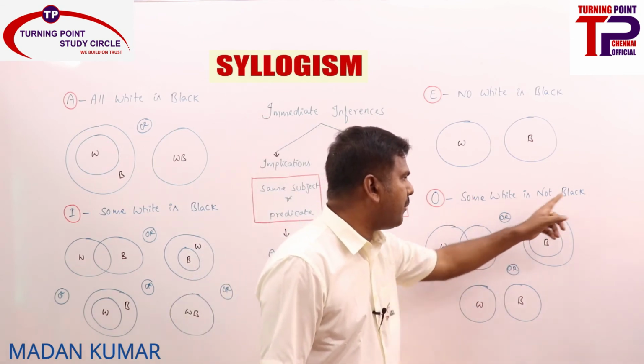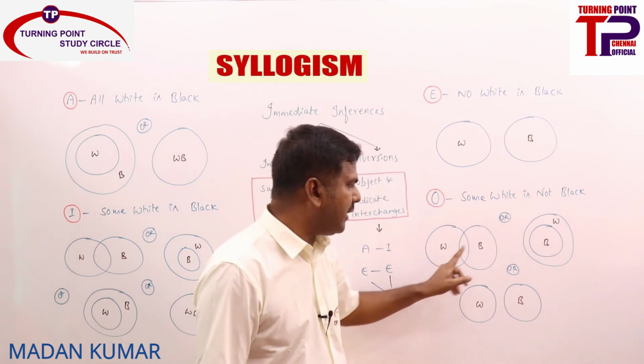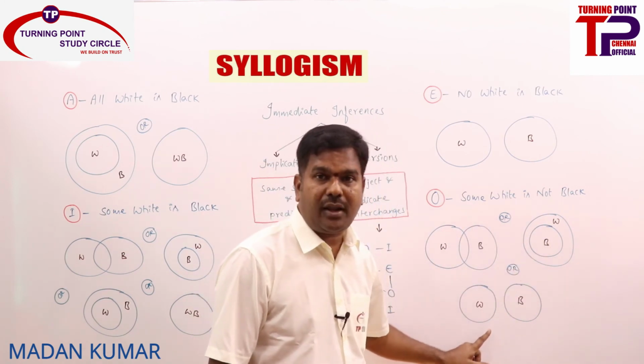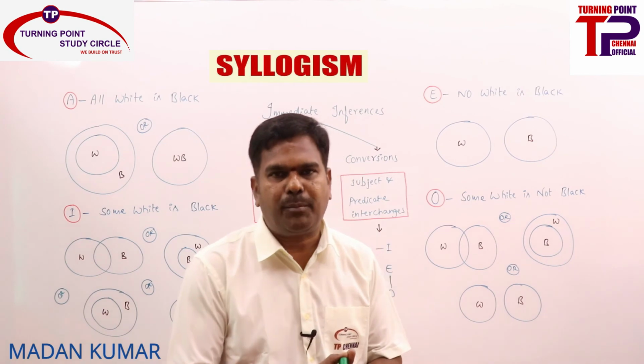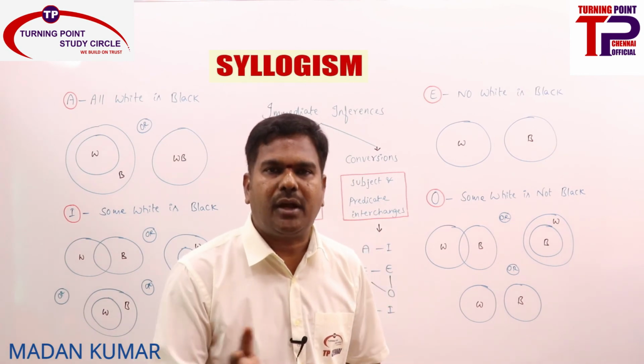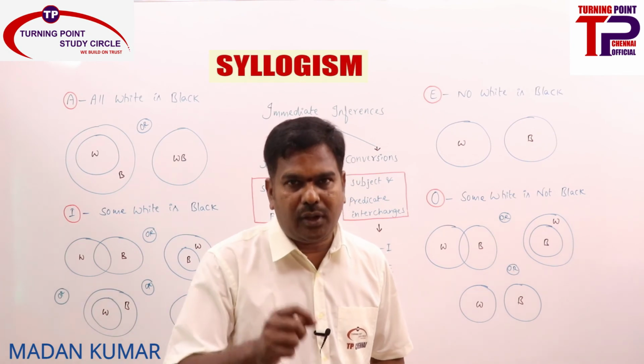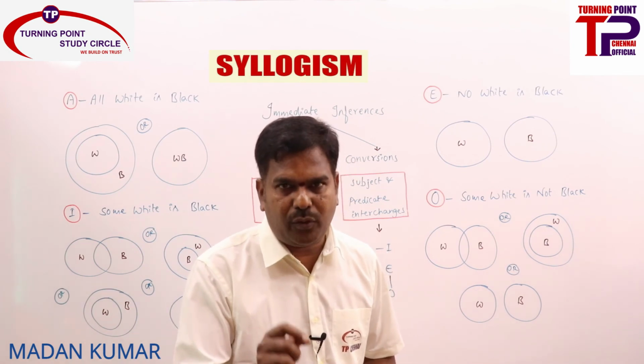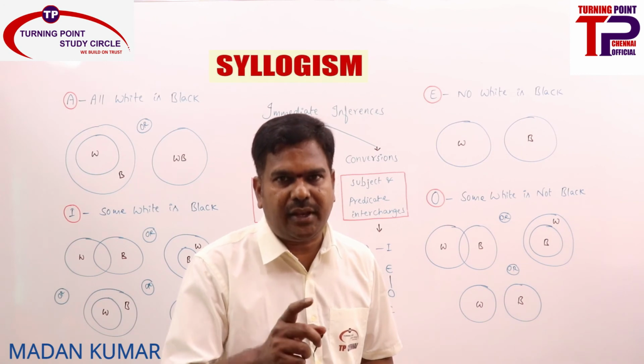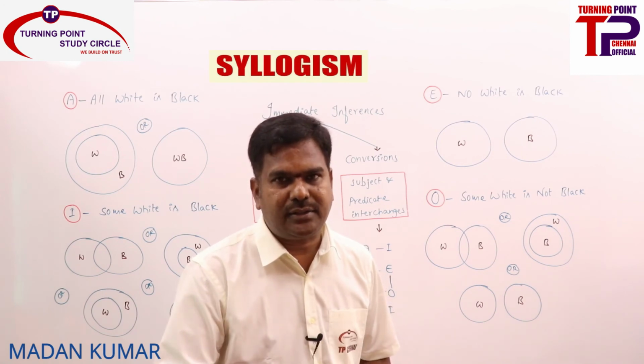What is conversion of I, ma? Some black is white. It is true here. Is it true here? No. That means O is not implied by I statement, and O cannot be converted into I statement. In order to consider, it must be true in all the diagrams. That you need to remember. If it fails in any one of the diagrams, we should not consider.